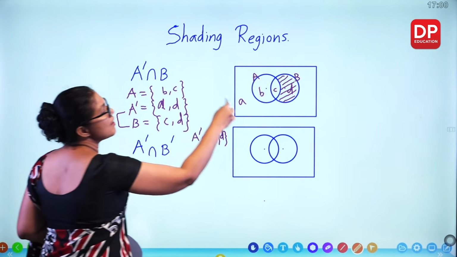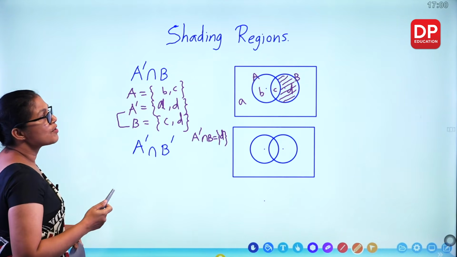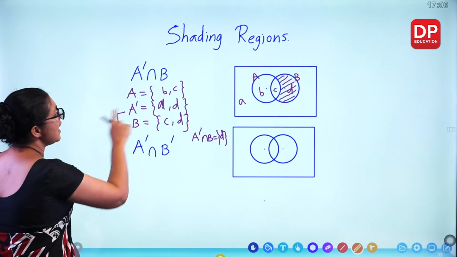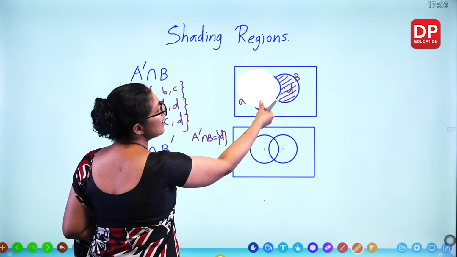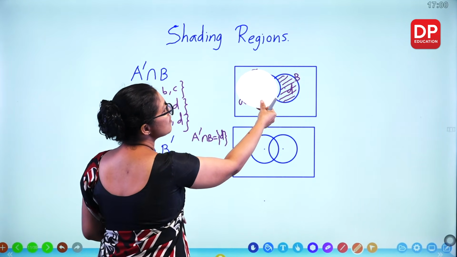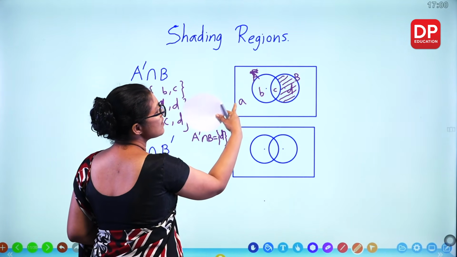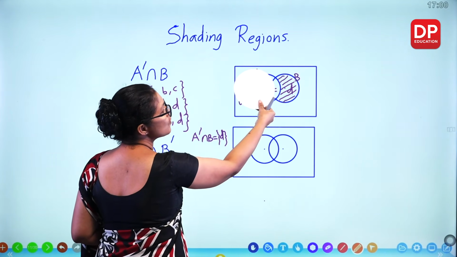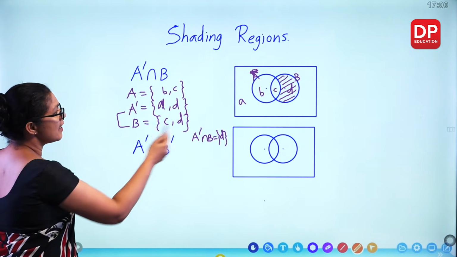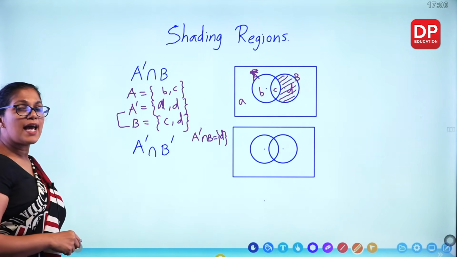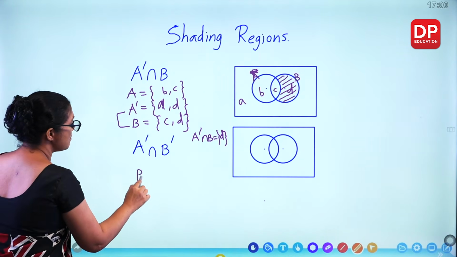How can we find out without writing this? If you can figure it out at once, you can do A dash, you cover A, the whole thing. Then you see what's common for B. You can't shade this part because that's not common for B. So what's the region? Only D region. Now look at the next one. A dash intersection B dash you want. We found A dash. What is B dash?